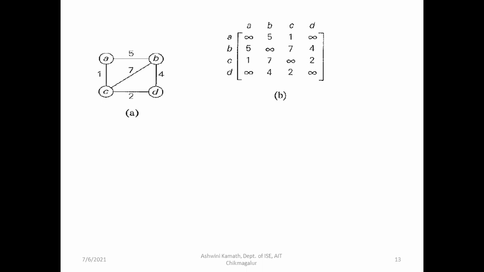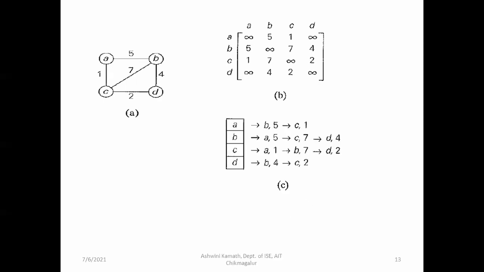Otherwise, whatever the cost is, you put it. A to B, we have 5. B to A is also 5. A to C, we have 1. C to A is also 1. A to D, it is infinity. D to A is also infinity, because we don't have a direct edge. Similarly, all the values are filled in the adjacency matrix like this.